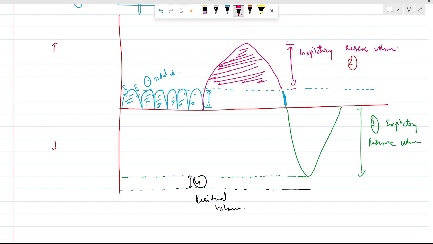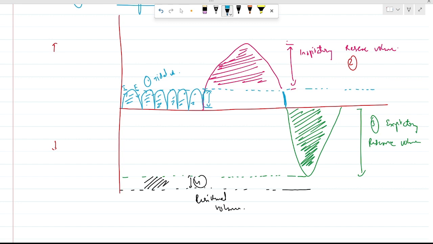Now the third graph we have below and beyond the tidal volume, expiratory reserve volume, and finally after everything is done we have our residual volume. So these four volumes, tidal volume, inspiratory reserve volume, expiratory reserve volume, and residual volume, are all our important lung volumes, more specifically static lung volumes.